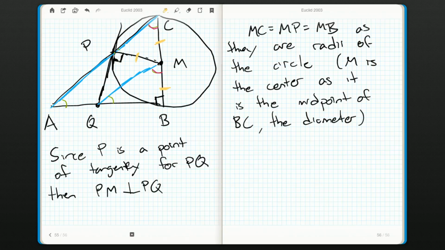Now, we've also got right angles here. And these lengths here are all the same.